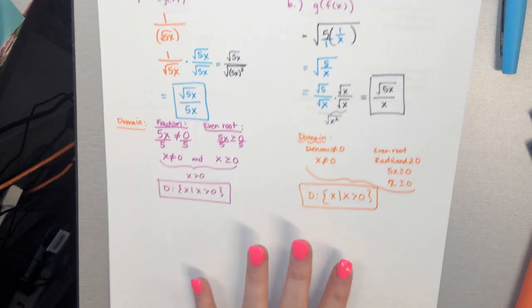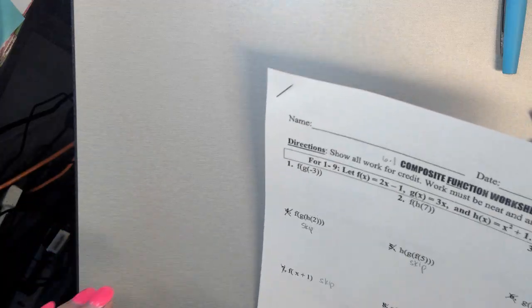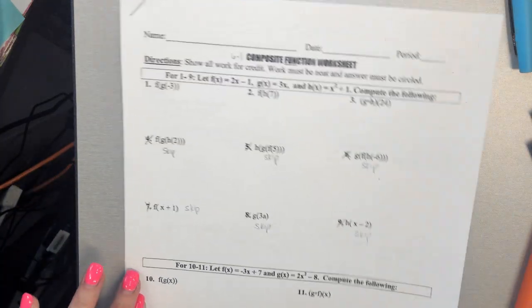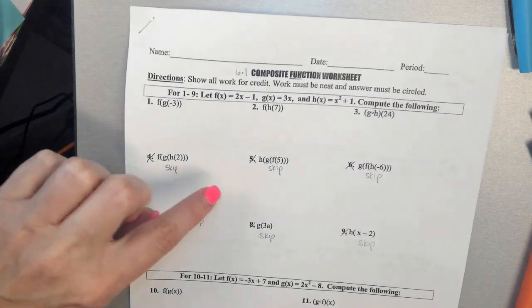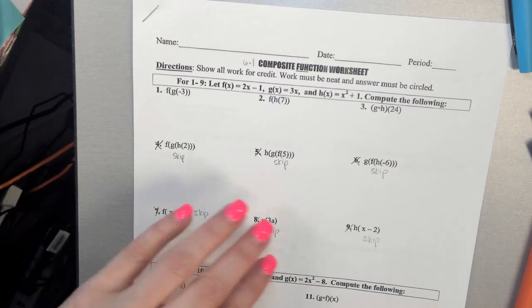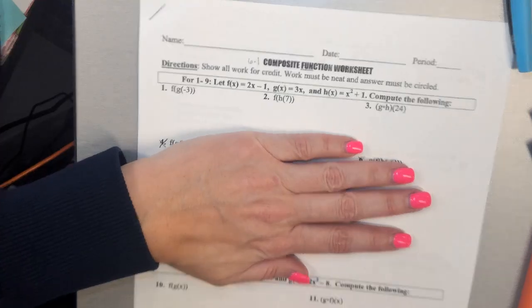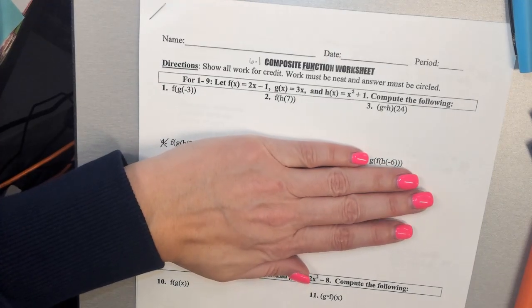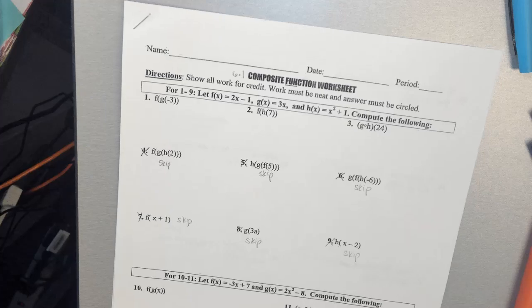Okay, so I'm going to give you some time to work on this today. I'm going to give you about the next 20-ish minutes. The ones that say skip, you don't have to do. So you'll see that there's a lot of ones that you're skipping. Like on the first page, you're only doing 5 of those.